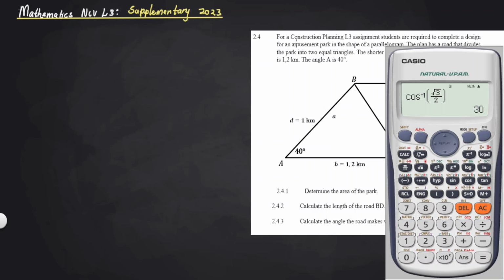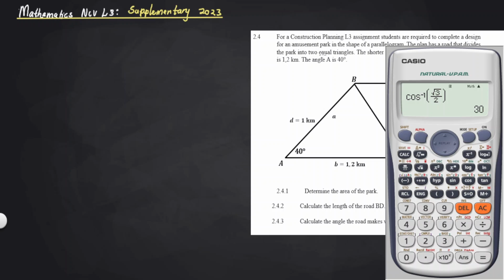All right, for the construction planning level 3 assignment, students are required to complete the design for an amusement park in the shape of a parallelogram. The plan has a road that divides the park into two equal triangles. Let me underline: two equal triangles.